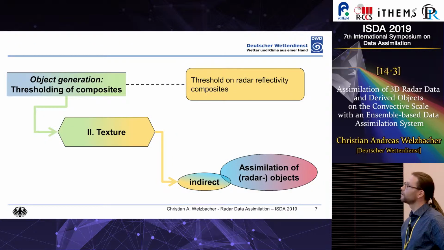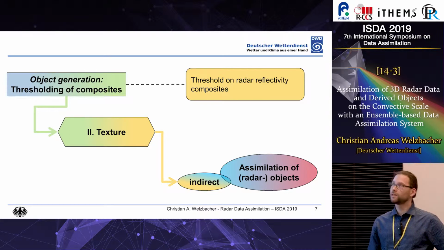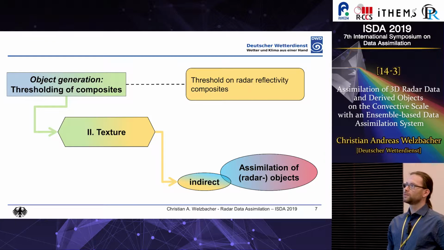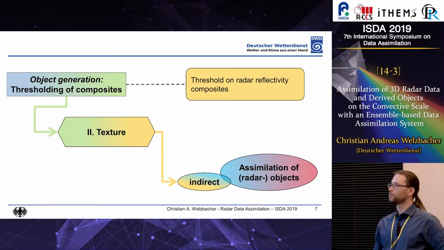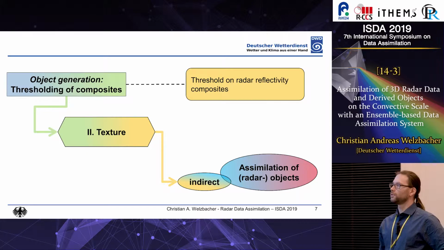Okay, now coming to what I call texture assimilation. That's the first kind of object assimilation, where I look at radar composites and threshold them. So I get afterwards a binary field saying, yes, this pixel is above the threshold or below the threshold. This is one kind of indirect assimilation.